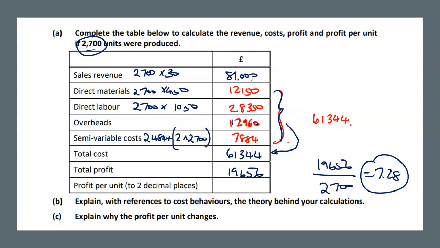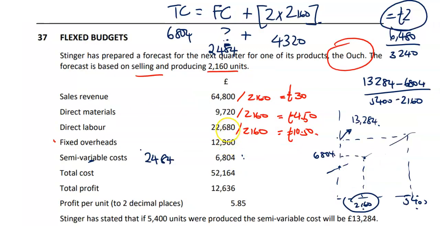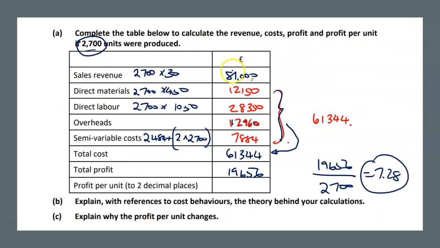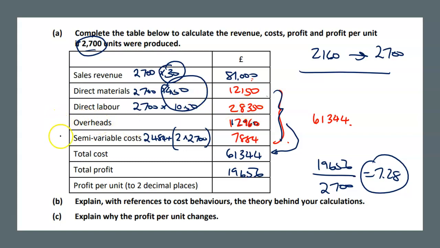Right, great stuff. So let's look here. There are a number of good reasons here for the final question. You're producing 2,160 units, and now you've gone from 2,160 units to 2,700 units. As far as profit is concerned, your selling price stayed the same, your variable costs have stayed the same, but there are fixed costs here and fixed costs in here. So the variable costs have stayed the same at 2.